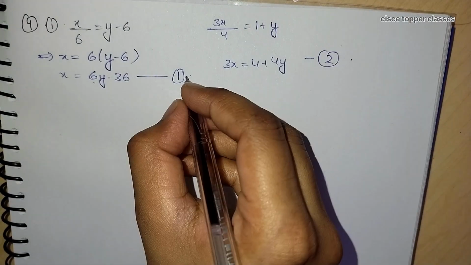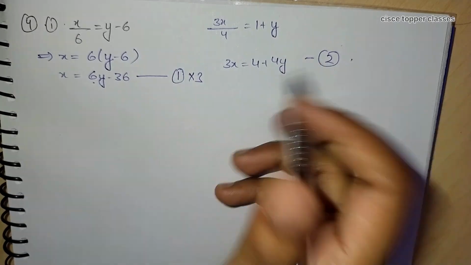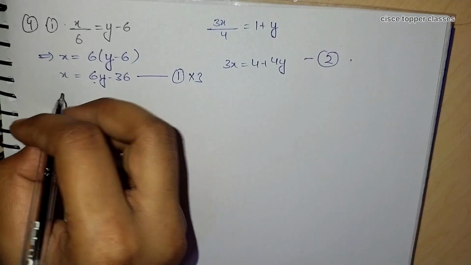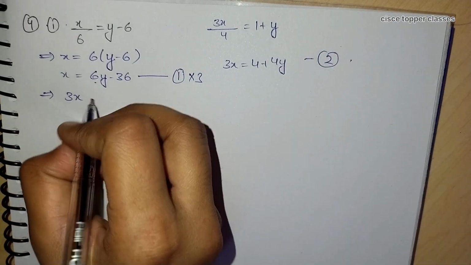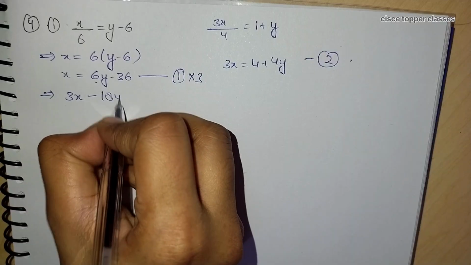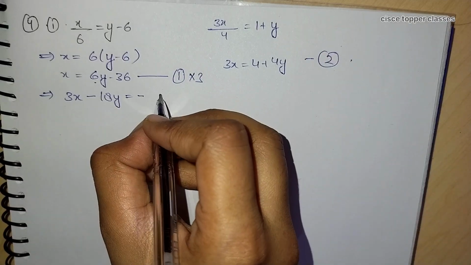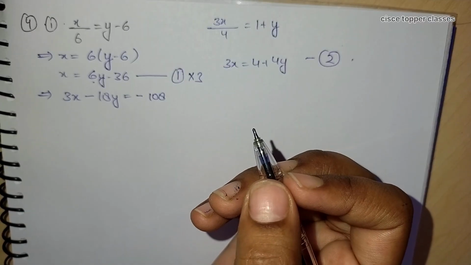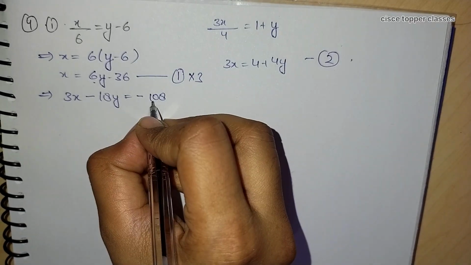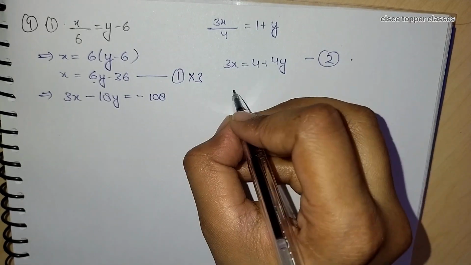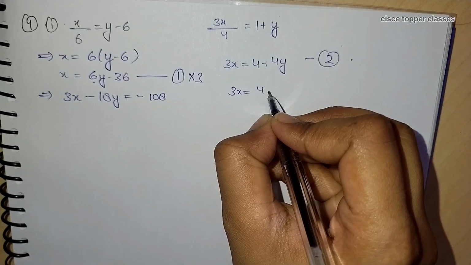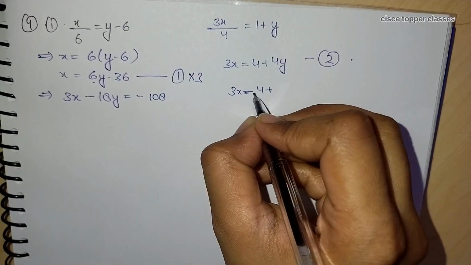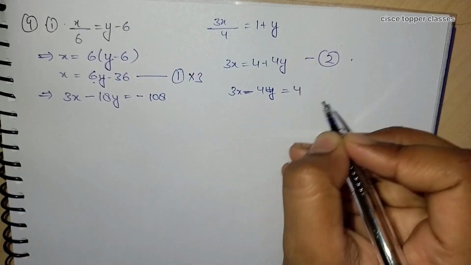Now we will multiply this first equation with 3, so that on subtracting we will cancel out 3x. So it becomes 3x minus 18y equal to minus 108. On writing the other part, we can write it as 3x minus 4y equal to 4.